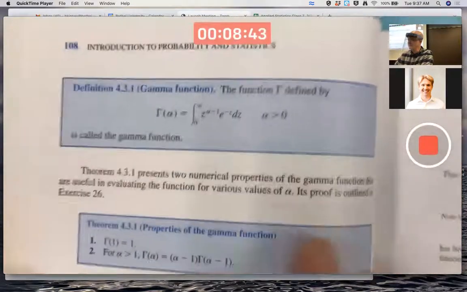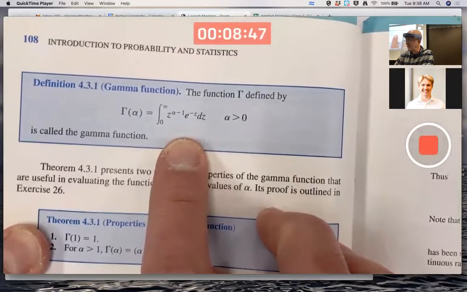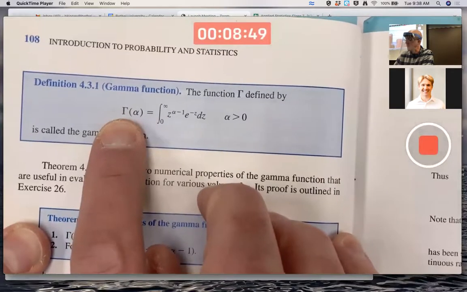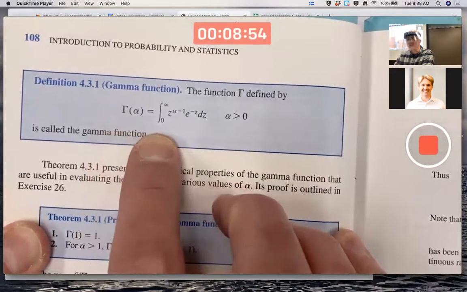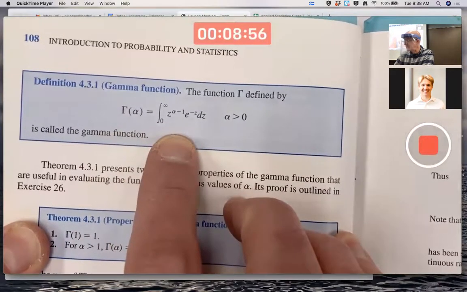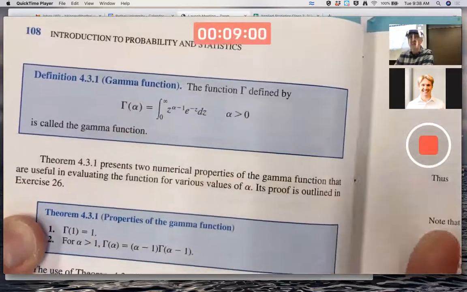It's related to the definition of the capital gamma function. There's the capital gamma function, or just the gamma function for short, but yeah, that's the Greek letter capital gamma. It's a function of the parameter alpha. It's an integral with respect to z, but this integral involves alpha. When you do the integral, the answer depends on alpha.